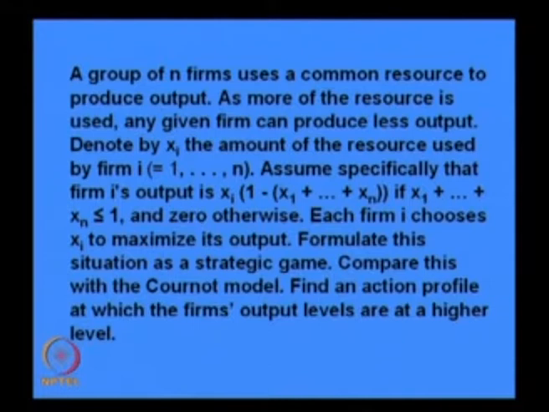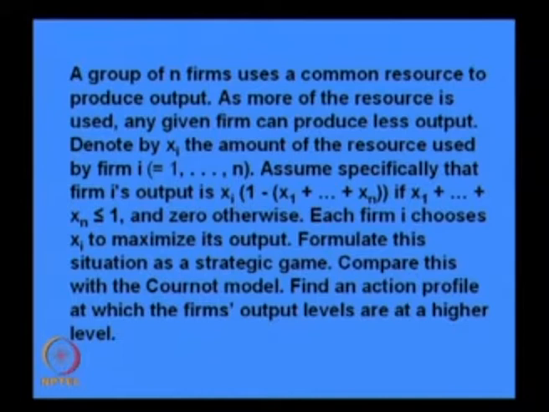Assume specifically that firm i's output is xi multiplied by (1 minus (x1 plus x2 plus ... plus xn)) if x1 plus x2 plus ... plus xn is less than or equal to 1, and 0 otherwise.